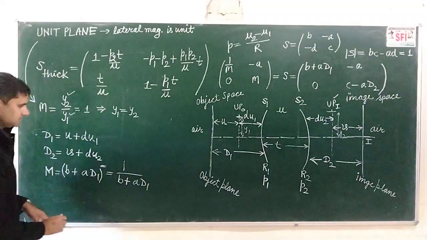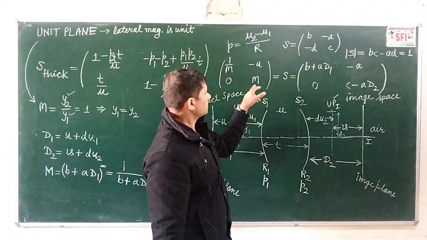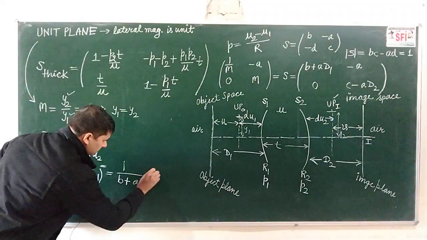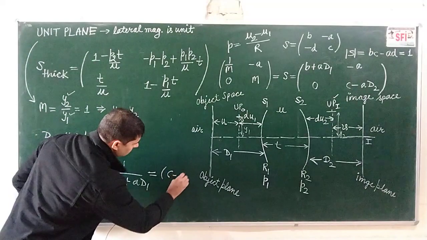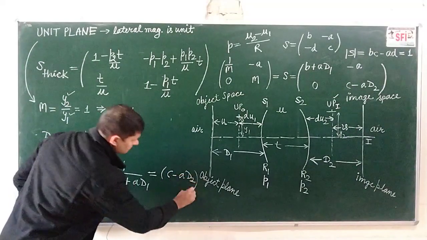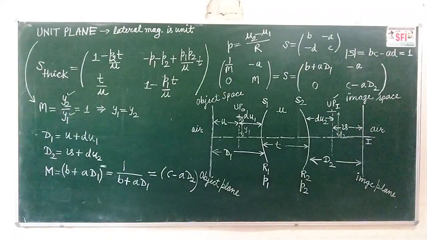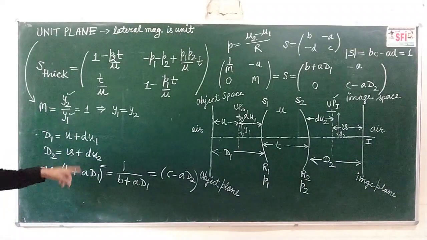Okay, and then if you compare this 2 cross 2 element, then m must be equal to this. So this will be equal to c minus a d2.